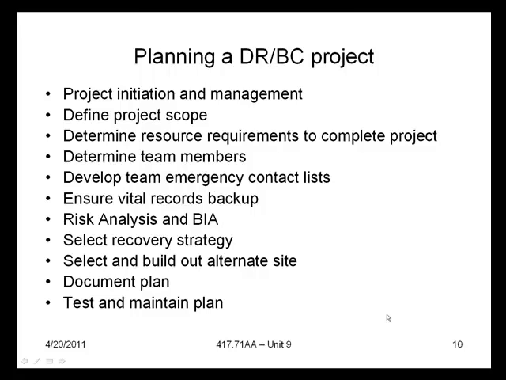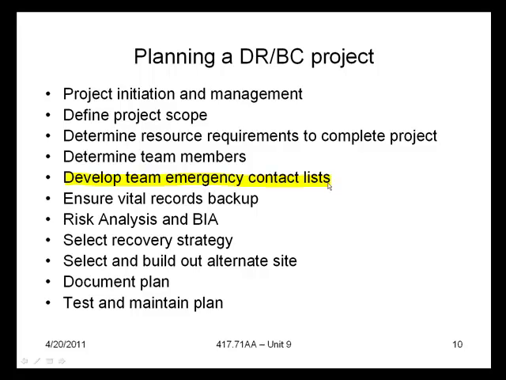The first steps are kind of the basic, immediate needs: team emergency contact lists and vital records backup. Emergency contact lists are kind of a first thing to have. If a disaster happens, the first thing you have to do is have some ability to message and rally the folks who are charged with keeping the business running, with recovering the critical data processing functions and so forth.